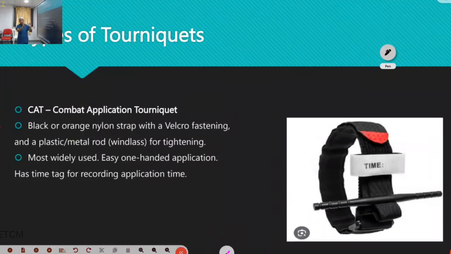So there is a metal rod, a strap, and a time tag where you can note down the time at which you applied this tourniquet to the patient, so that we will know how long it has been applied and can take care of the complications that can occur due to that.